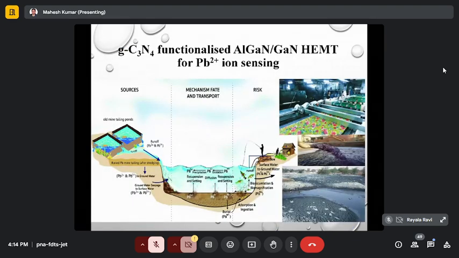Next is lead. Near our Jodhpur there is a district, Pali. There we have the textile industry, and they use a lot of lead-based dyes. After use, they throw it outside, because we don't have water.